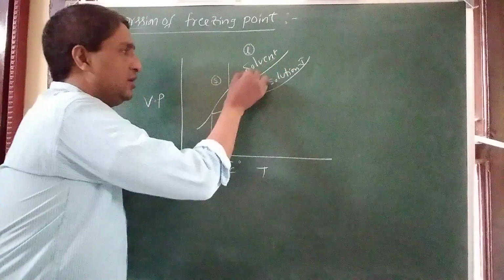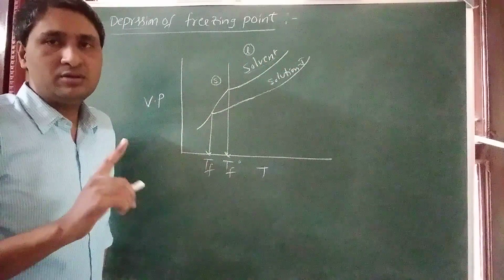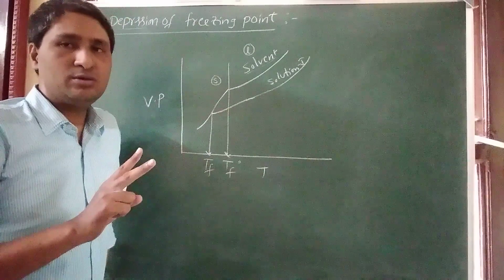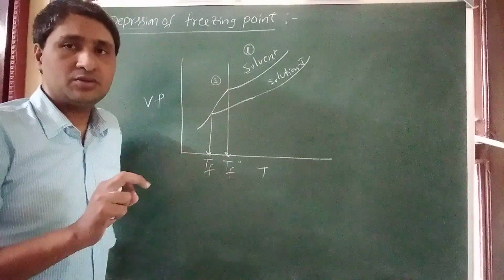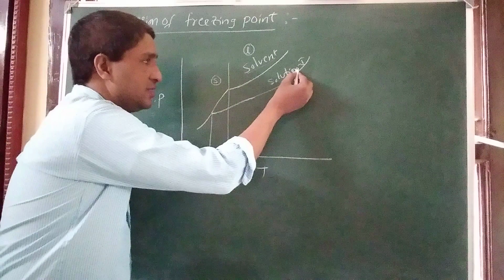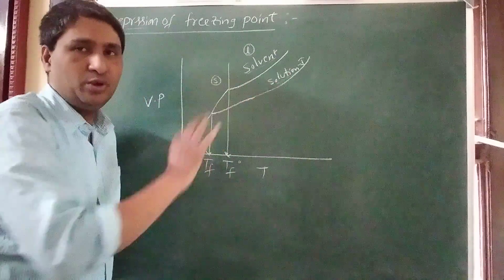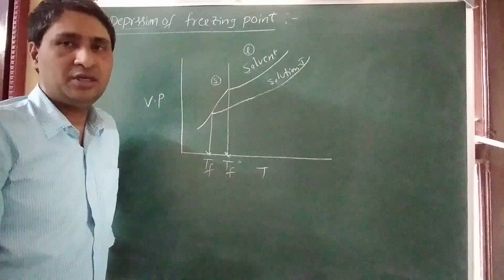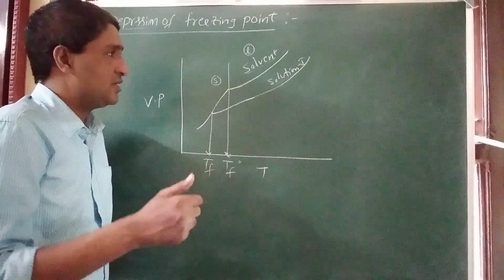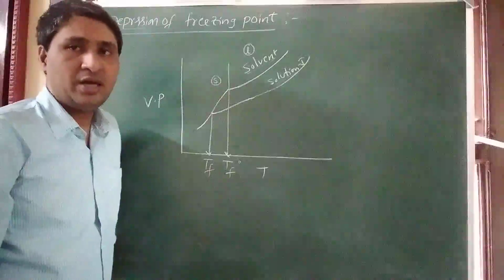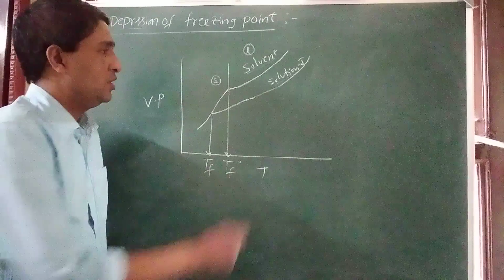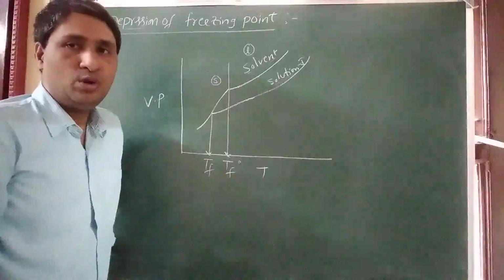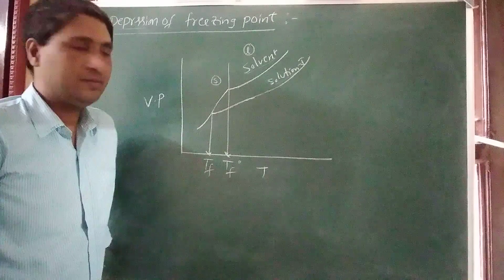In case of solvent, only one type of molecule is present, but in case of solution, two types of molecules are present, solvent molecules and solute molecules. Because it is heterogeneous, it contains two different molecules. A heterogeneous medium always has more energy than a homogeneous medium, so it requires more cooling to convert into solid.